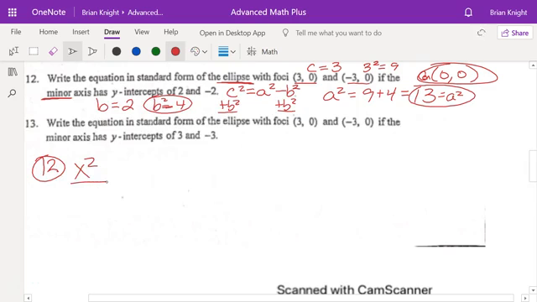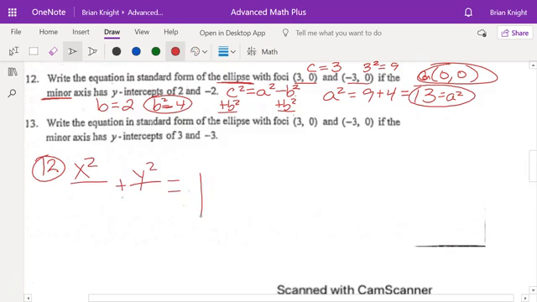It's usually x minus something or x plus something, but since the something is 0, you just put x squared over something plus y squared over something. What's an ellipse always equal to? It's always equal to 1. Okay? So now we know a squared and b squared. We just got to figure out where do they go. Okay? It said the minor axis has what intercepts?